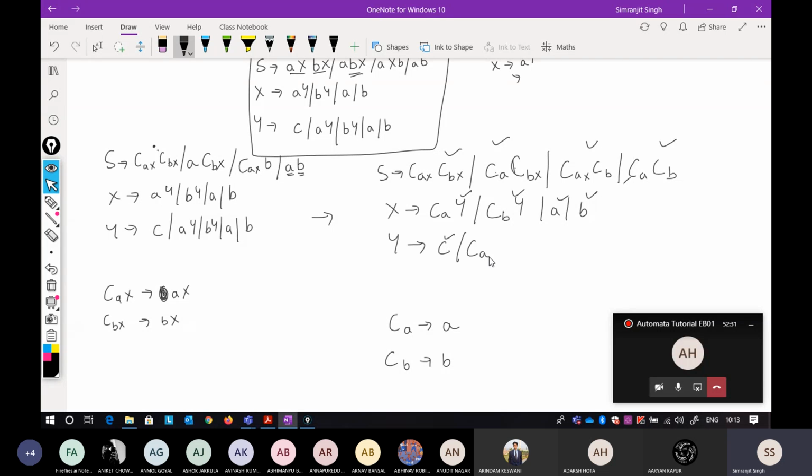For A you can put CAY, and then this one. And for B you can put CBY, so this is also fine. So A and B are all in CNF. Now CAX: put the value of A as CA and then X. That is also fine. CBX: put the value of B, that is already put here, so CB and then X. That is also fine.